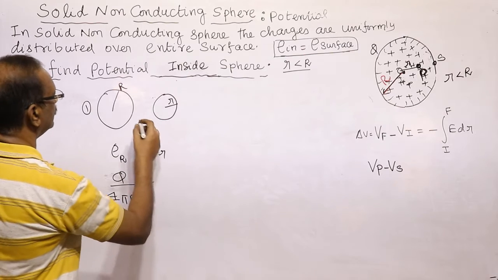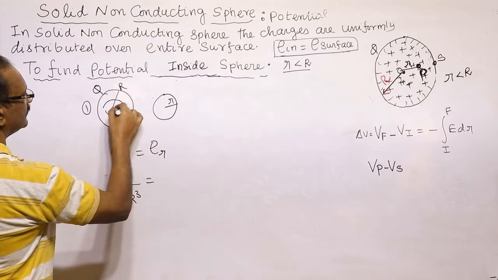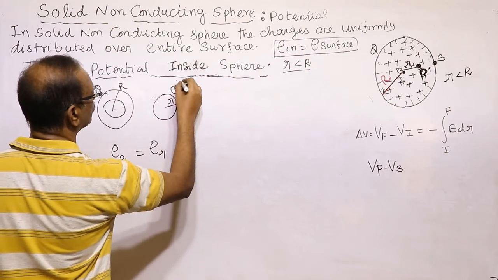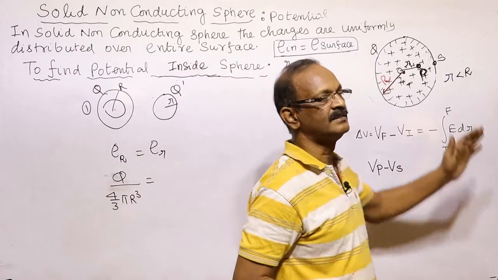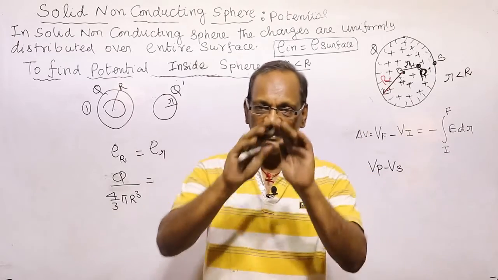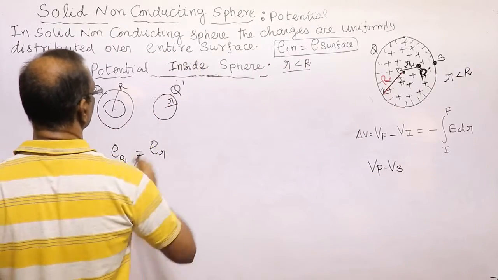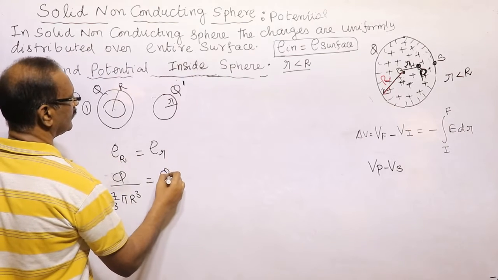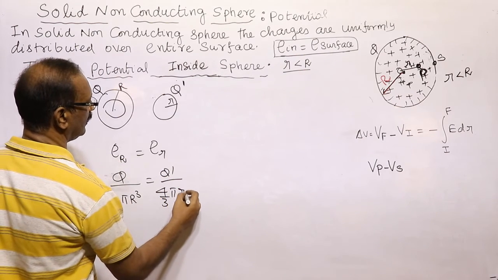Here, this is the whole sphere, and this inner sphere is a portion of it. It will have a charge of Q dash. Though the charge is uniformly distributed over the entire sphere, the inner sphere will have only a portion, that is Q dash, divided by its volume, 4 by 3 pi r cube.